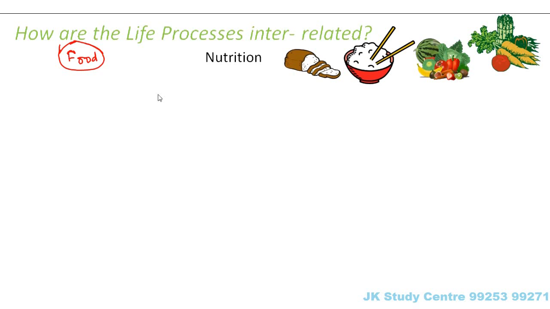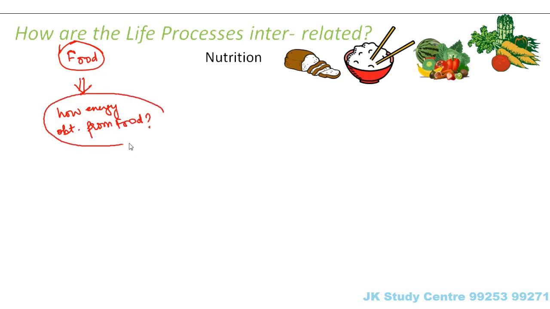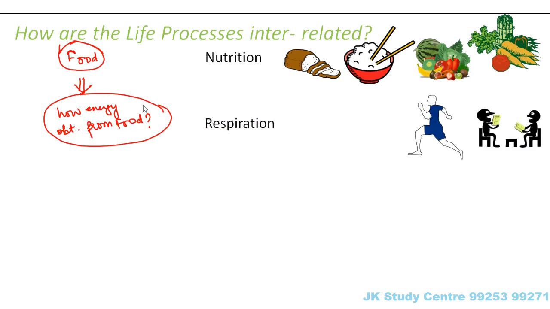Correct? So now the question is, this food which is taken in during the process of nutrition, how would energy be obtained from this food which we are talking about in nutrition? So the answer to this question is given by the next life process, that is respiration.